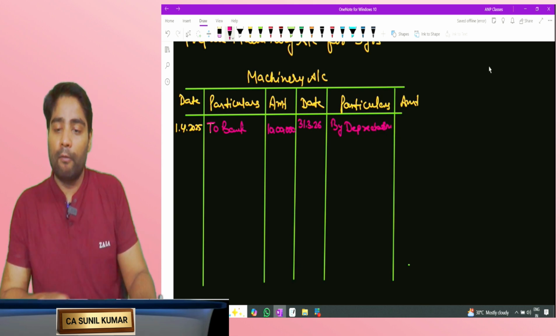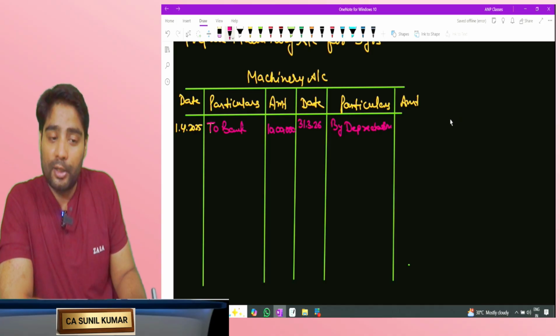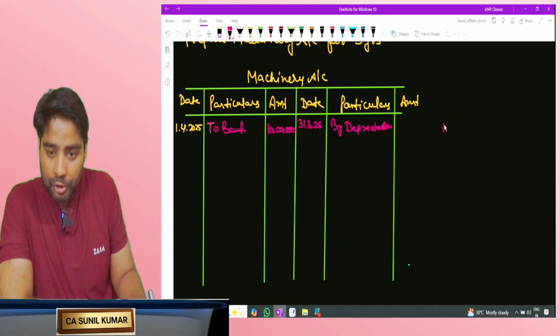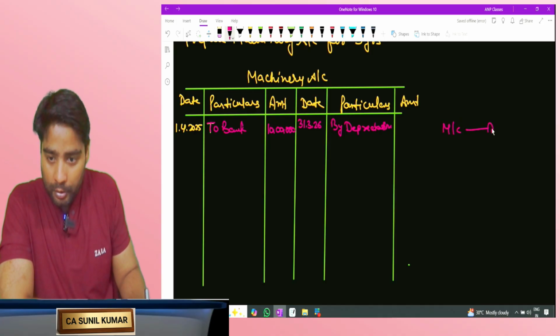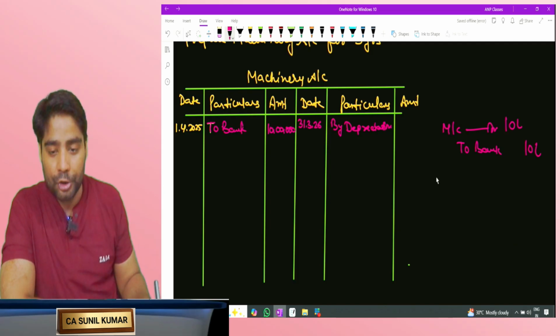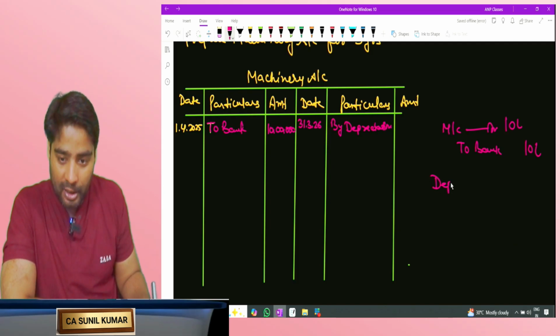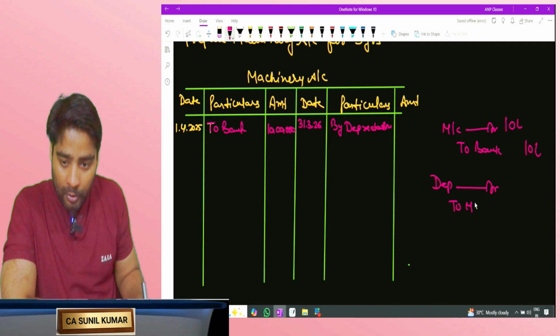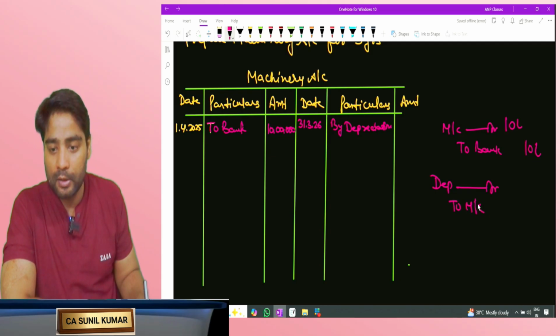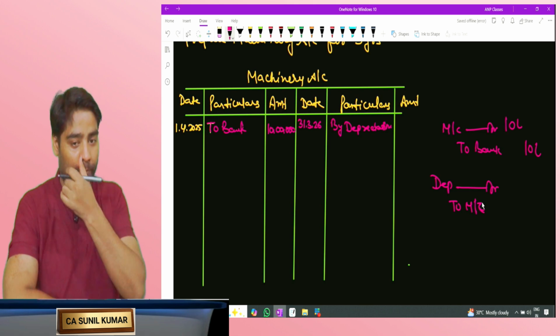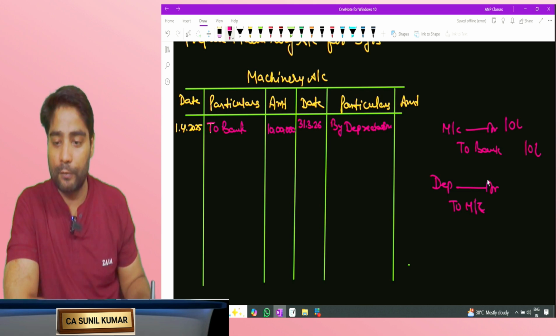The first entry was machinery account debit to bank with rupees 10 lakh. And the entry for charging depreciation will be depreciation account debit to machine. The machine account is credited because we have to reduce the value of machine.